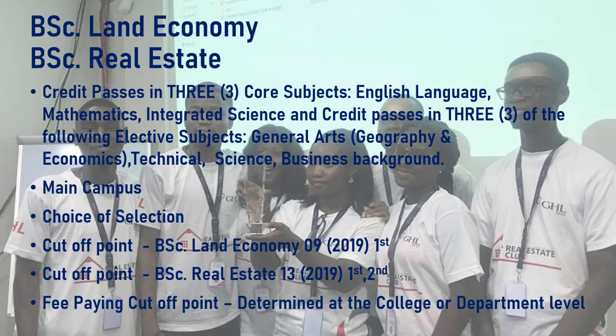These 2 programs are available on the main campus, and the cutoff point for Bachelor of Science Land Economy was aggregate 9 as of last academic year, and is preferably a first choice selection only. The cutoff point for Bachelor of Science in Real Estate was aggregate 13 as of last academic year, and is preferably a first or a second choice selection. However, the cutoff point for fee payment for these 2 programs is determined at the college or departmental level.